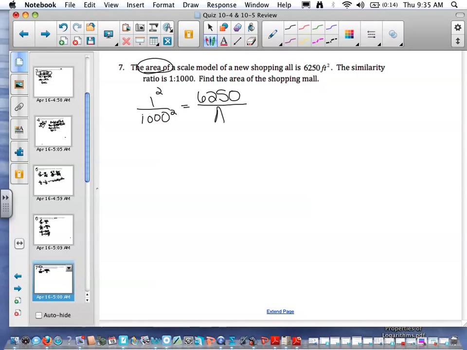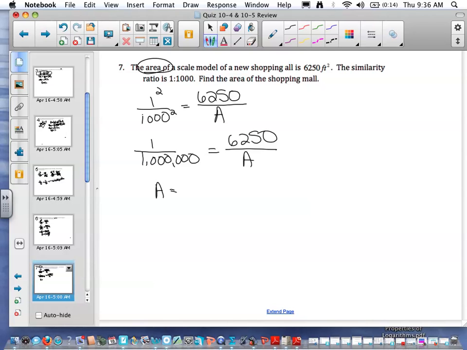And I want to find the area of the large shopping mall, which in this case must be the Mall of America. So I take 1 squared over 1,000 squared. Cross multiply.